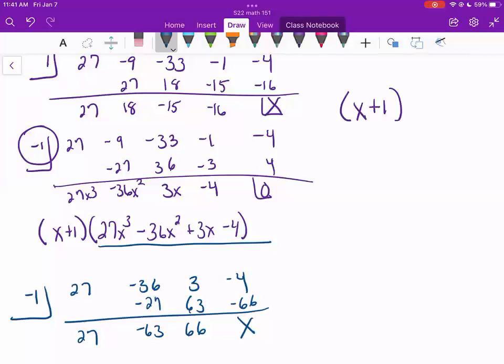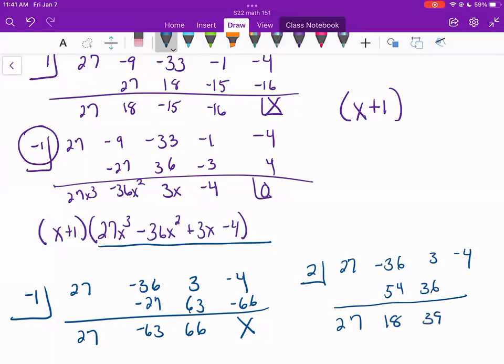But now I can check, say, 2. Again, I'm just checking it in that second factor that I had now. I get 27, 54, +18, 36, 39, 78, which does not work, so 2 doesn't work.